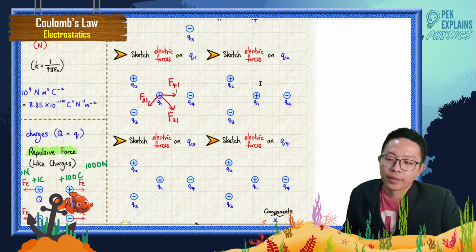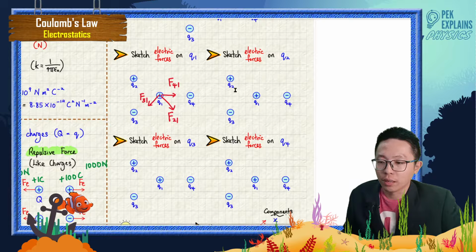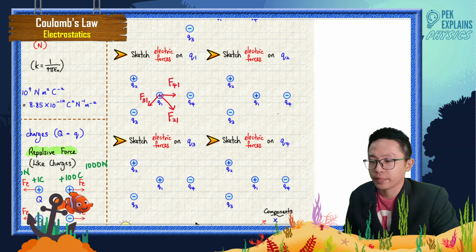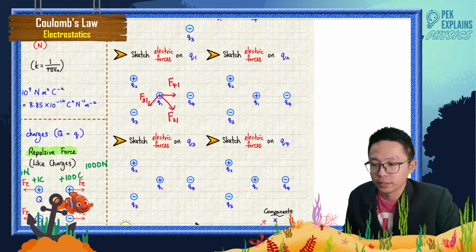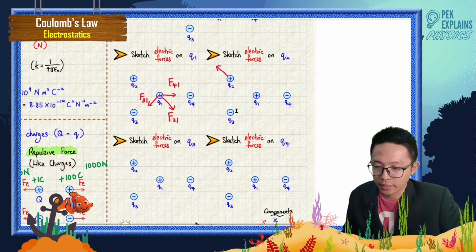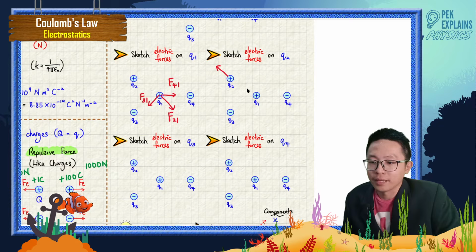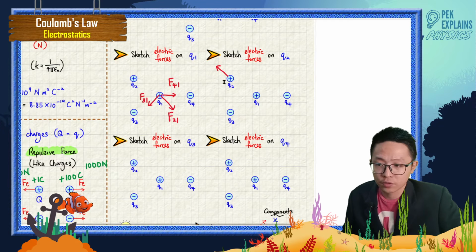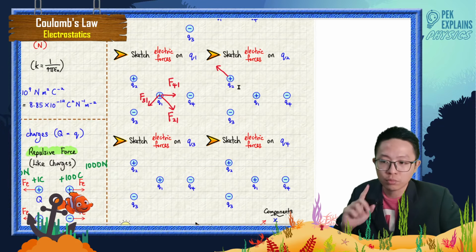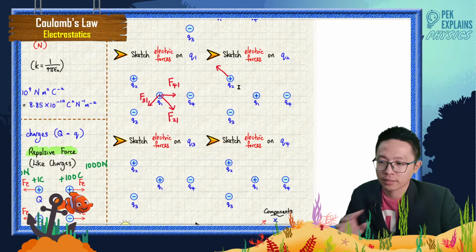On Q2, look at one by one. Between 1 and 2, same sign, they repel each other. So this is being repelled. What force is this, F12 or F21? Because the one who experiences this force is 2, the number 2 must be behind, in the subscript.